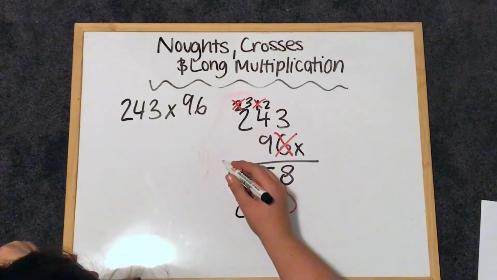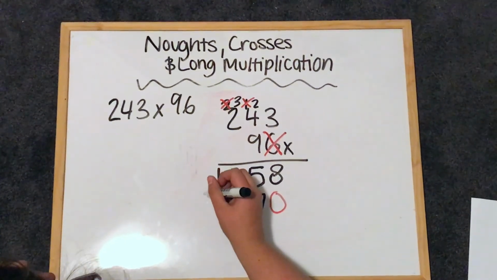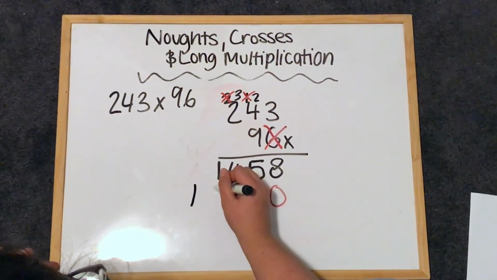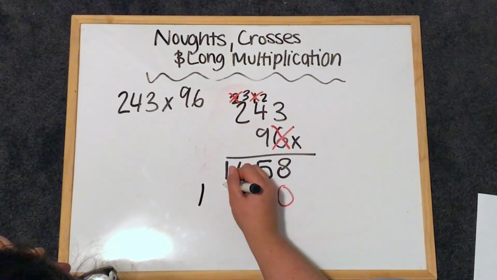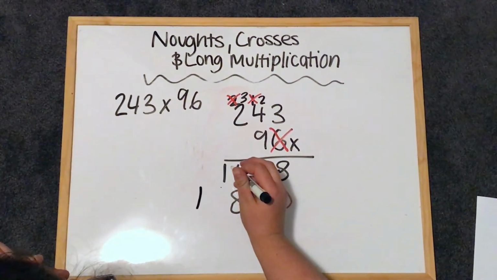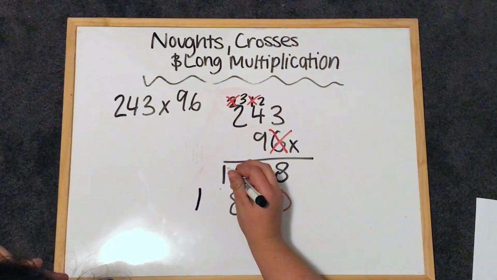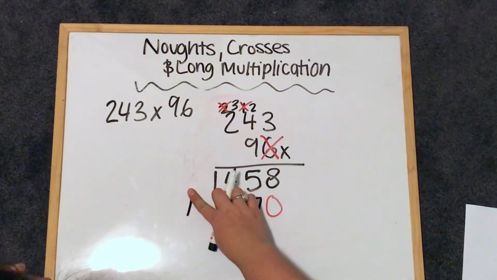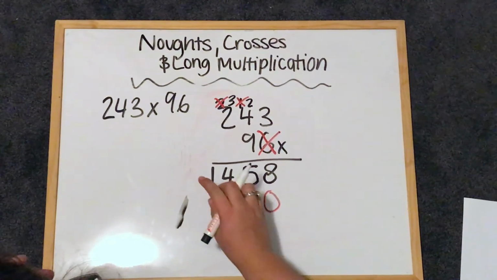Nine times 2 is equal to 18. Oops, forgot to add our 3 from before. If we add the 3, it is equal to 21.